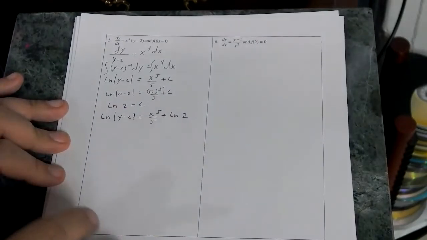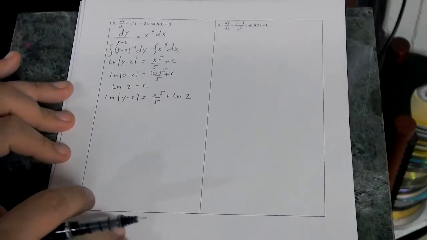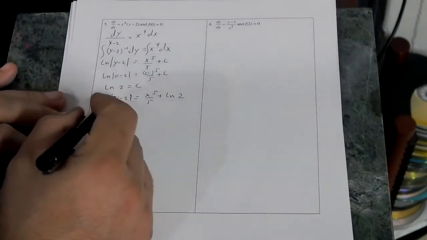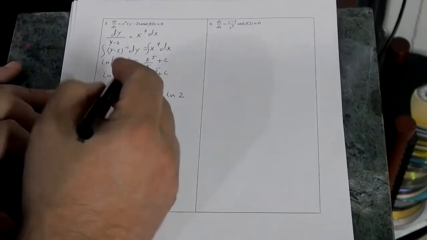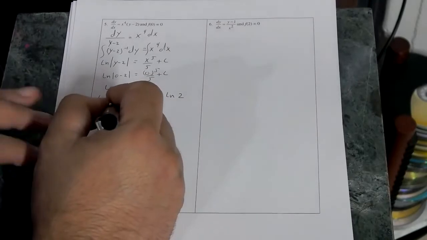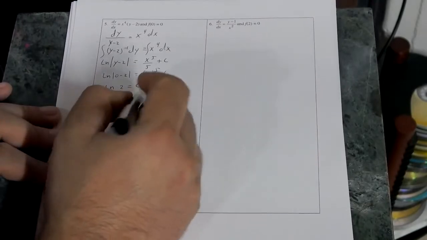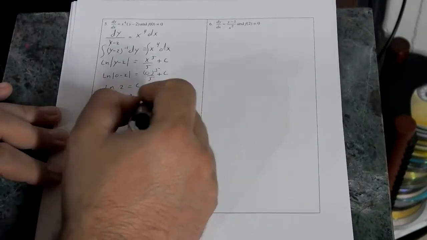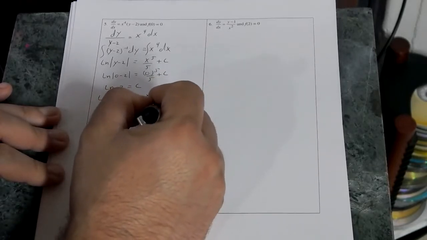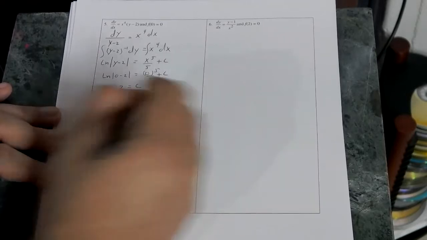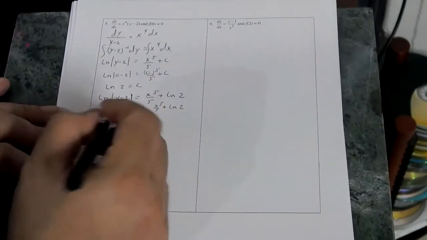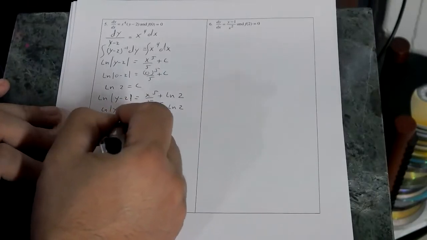Okay, I need to solve for y. So I have to get rid of this natural log right here. And to get rid of the natural log, I better e it, meaning e to that power. So e to the natural log of y minus 2 equals e to x to the fifth over 5 plus natural log of 2. e to the natural log of something is that something.